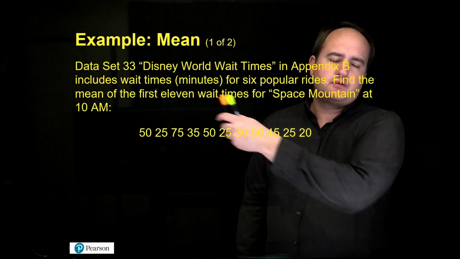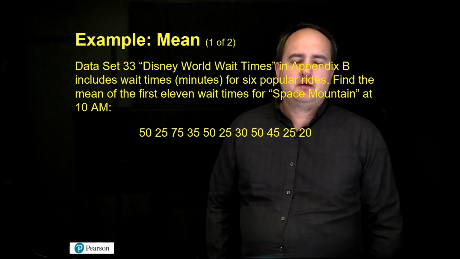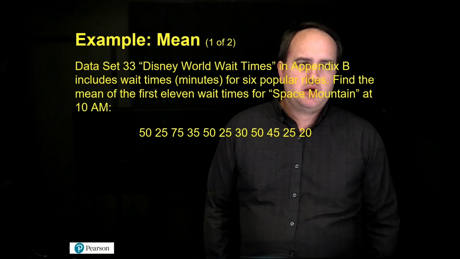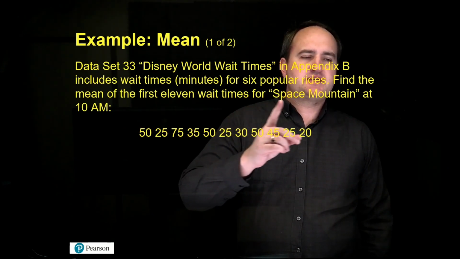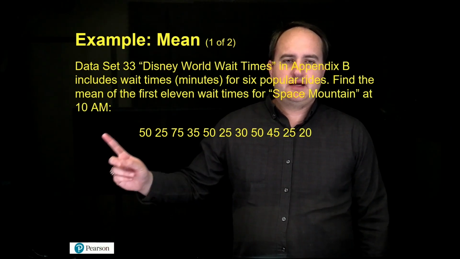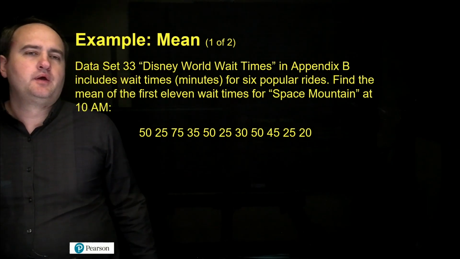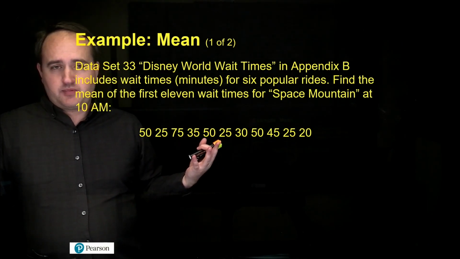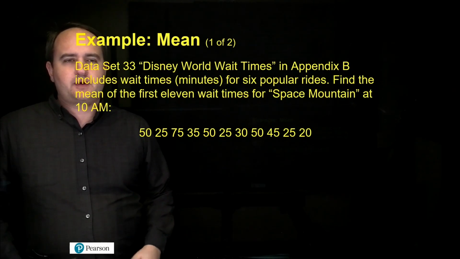That includes the wait times for 6 popular rides in Disney World. They want us to find the mean of the first 11 wait times for Space Mountain at 10 a.m. These are the wait times gathered by the author of our book from the real world, and we just want to find the mean.